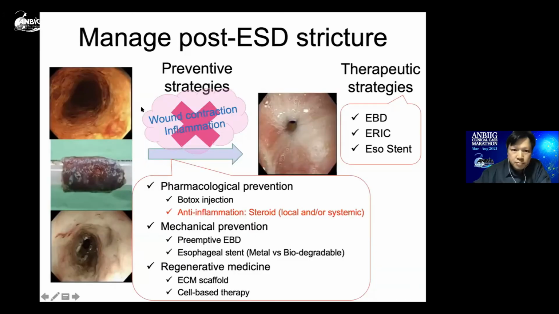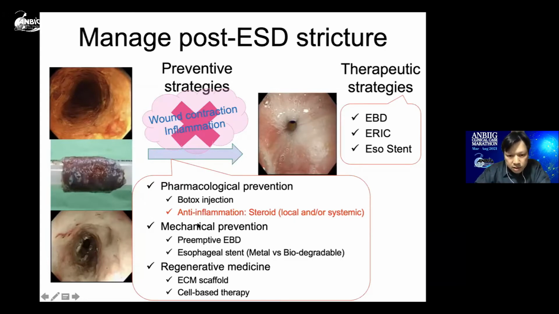Okay, I want to show you the current management for post-ESD stricture. For prevention of stricture, there are some ways, including Botox injection and anti-inflammatory agents such as steroid, given locally or systemically.